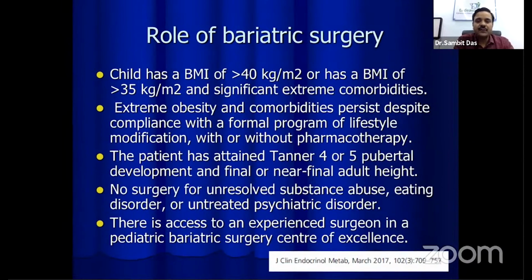The patient should have attained at least Tanner stage 4 or 5 pubertal development and must be within the near final adult height. Otherwise, do not offer a bariatric surgery for this group of children. No surgery for unresolved substance abuse, eating disorders, or untreated psychiatric disorders. There should be access to an experienced surgeon in a pediatric bariatric surgery center of excellence.